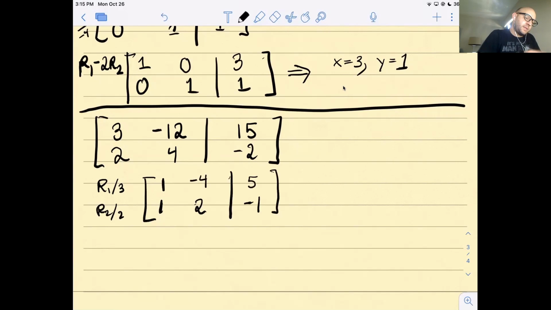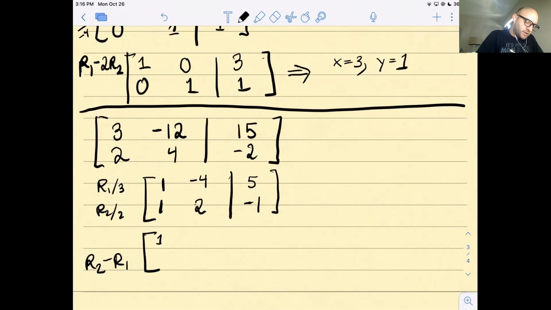Now we want to use our pivot, this one, and eliminate right underneath it. That would tell me to use R2 minus R1. And if you didn't cancel R2 earlier, you would just do R2 minus 2R1. Nice, I'm seeing a few of you got the right answer. Very good.